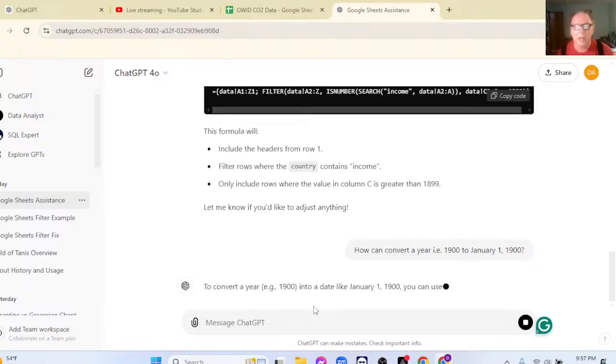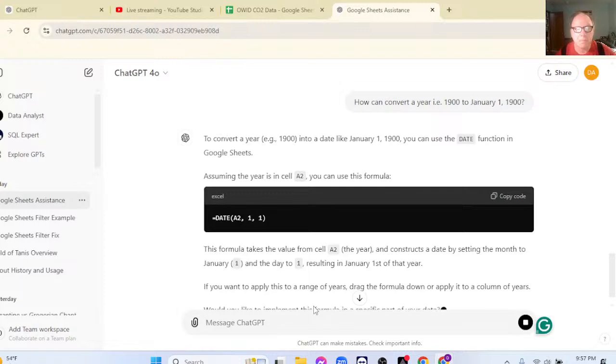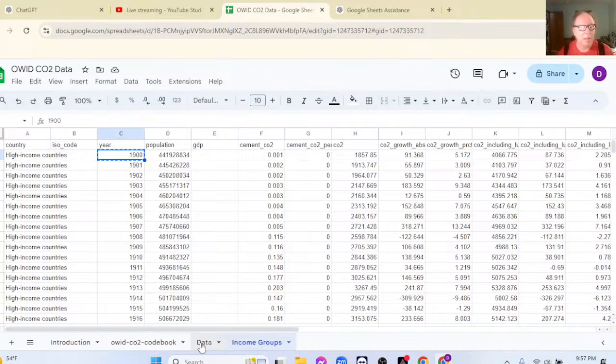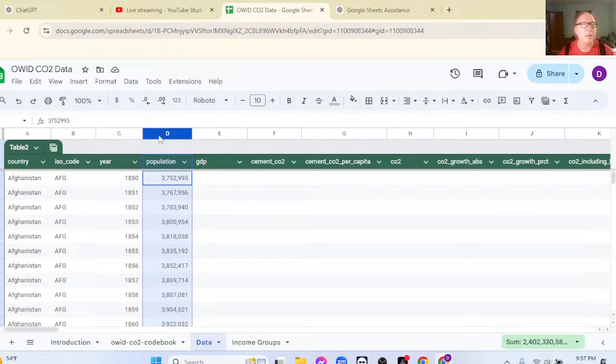I tried using the obvious thing by using the date function, okay? But the problem is, it gave me some funky number, okay? So let's go over here, data. Let's insert a column for date.